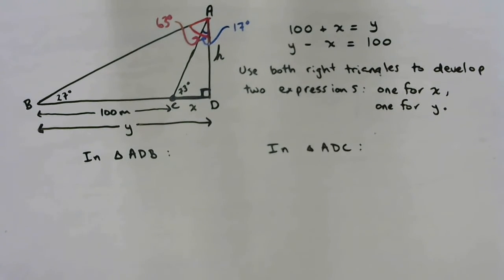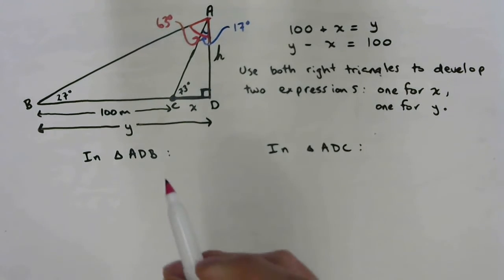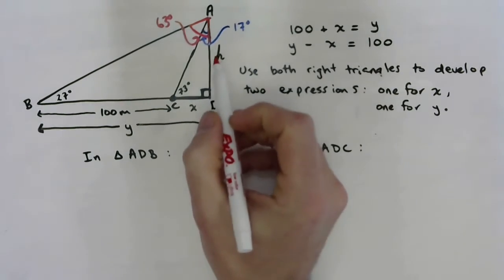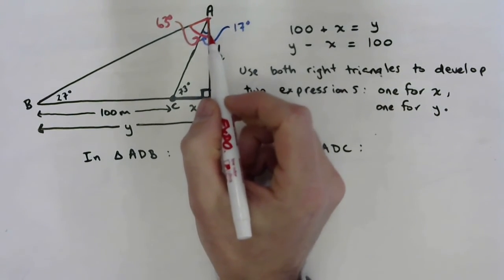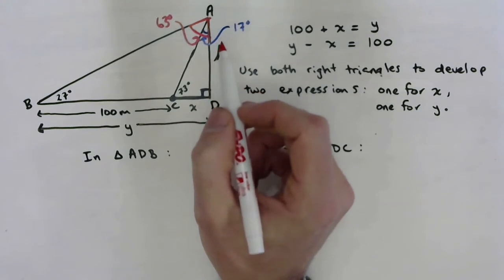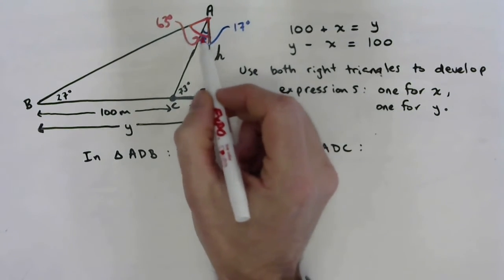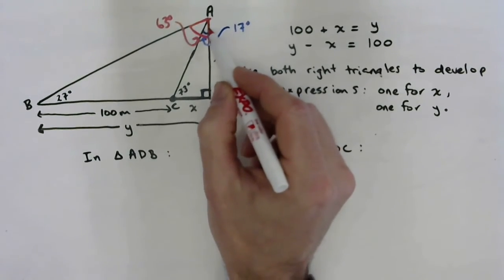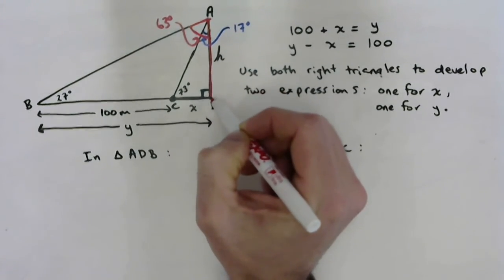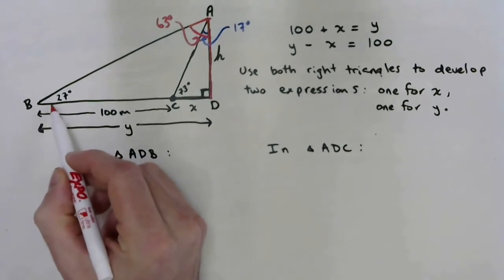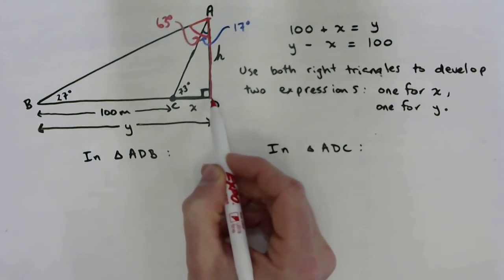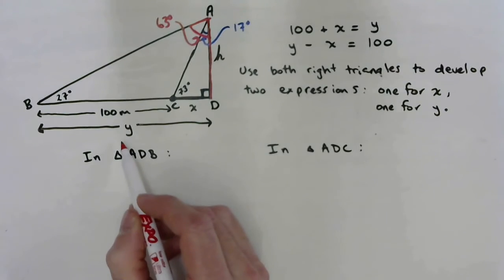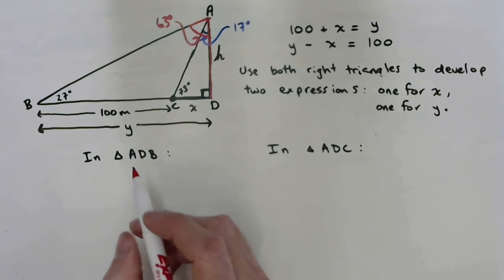And again, we're going to develop two expressions. So in our large triangle, looking from angle A, this big angle that we've been given, we have adjacent, which is what we're looking for, and we have opposite. Now opposite we called y. So I'm looking at SOHCAHTOA.